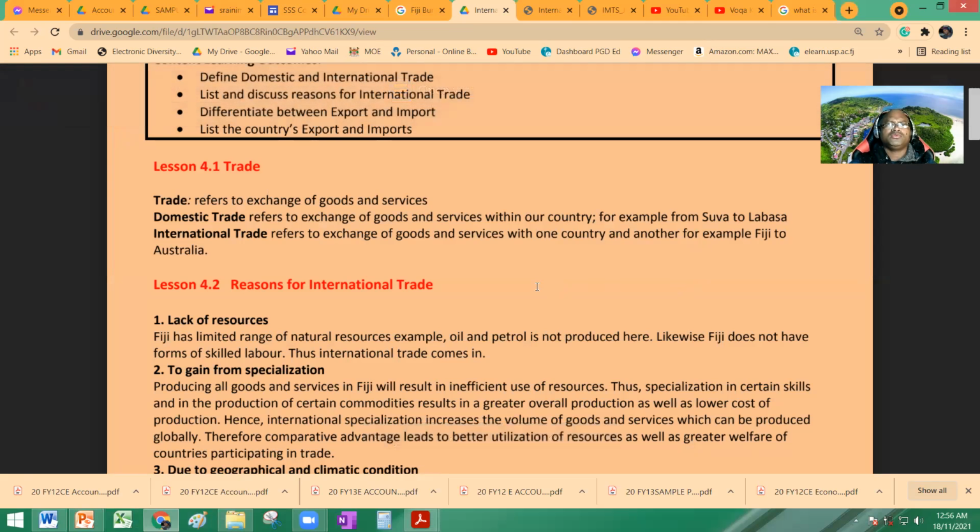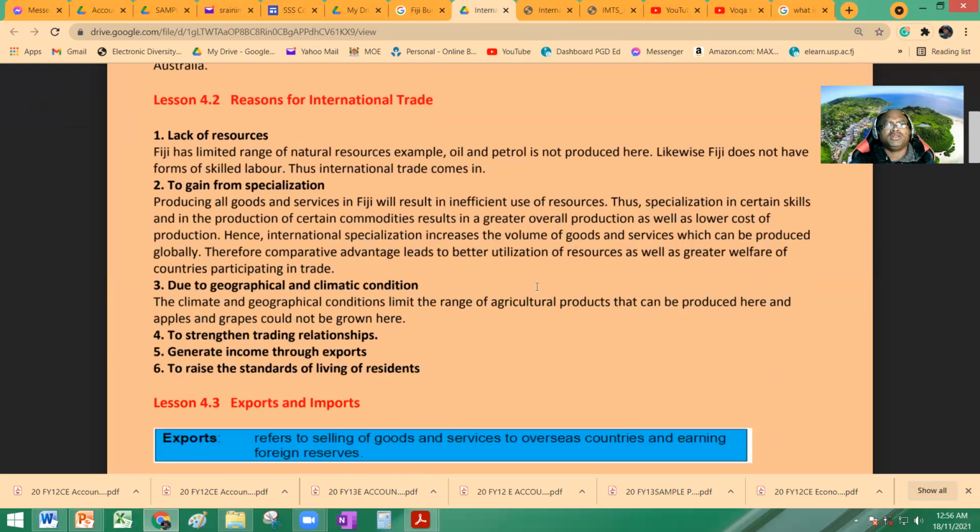Reasons for trade. Well, there are 6 reasons given there. One, lack of resources. That is the basic reason why a country trades, because of the resources. Different countries are located in places with different resources, meaning different materials. In Fiji, we have what we call a gold mine.